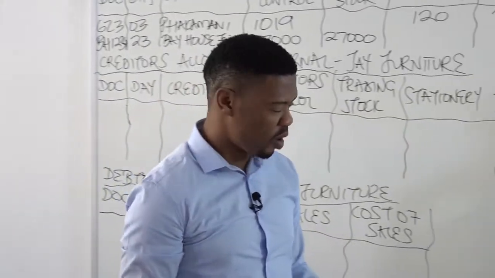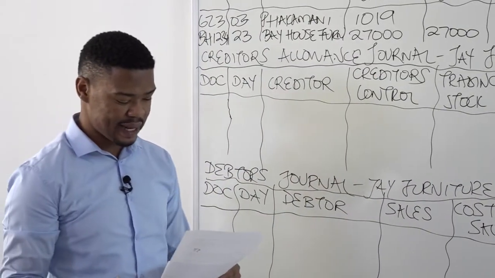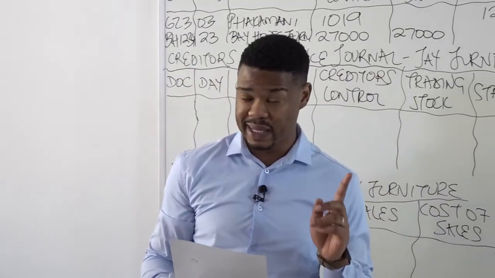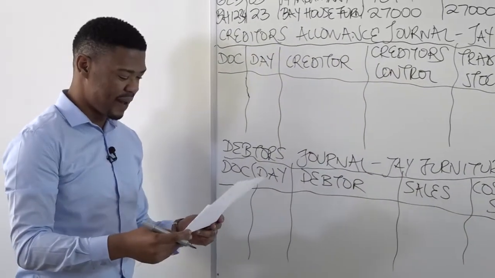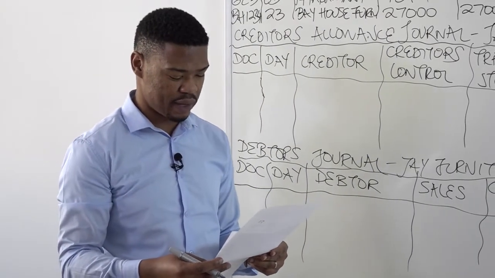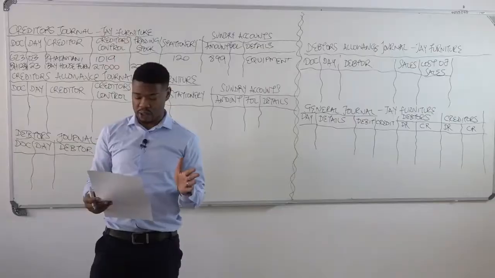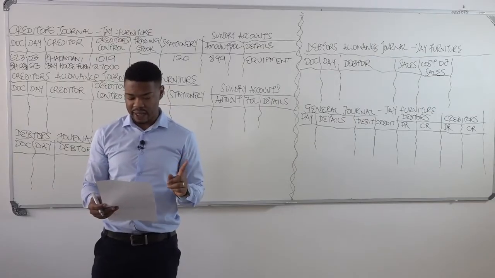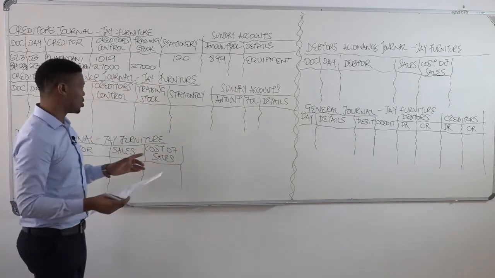We will now move on to entering transactions in the creditor's allowances journal. For that, we will use your duplicate debit notes. There's only one, DC25, issued or received on the 29th of September 2015. This was from Bay House Furniture for an amount of 3,002. The reason for that is trade discount was omitted on invoice BH1234.